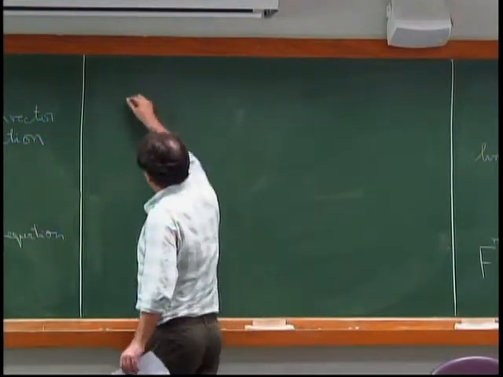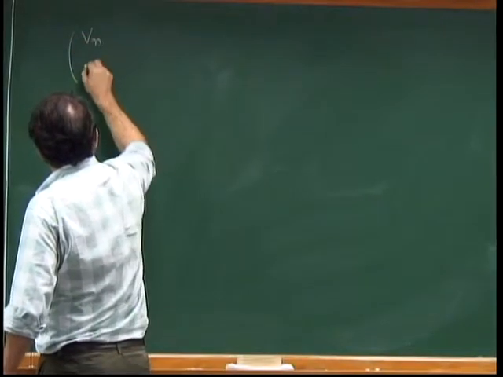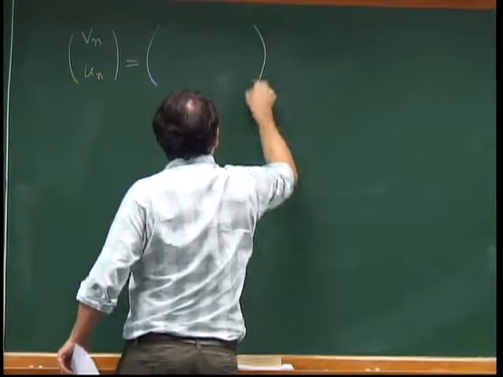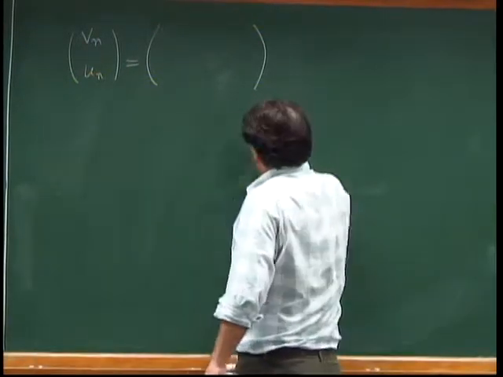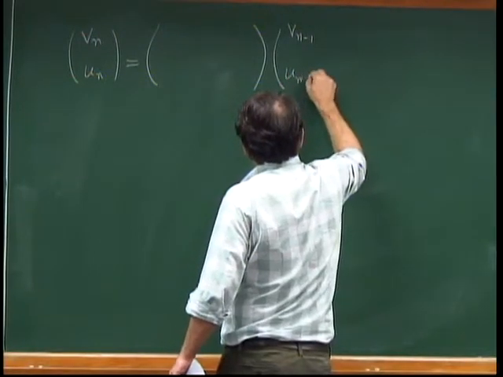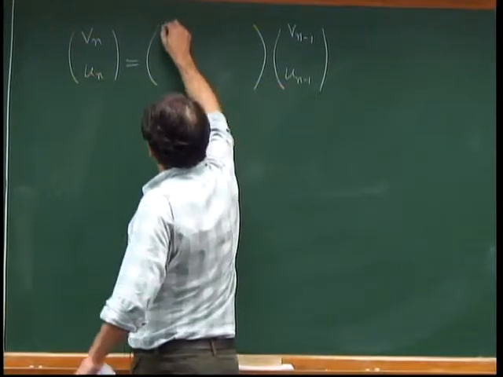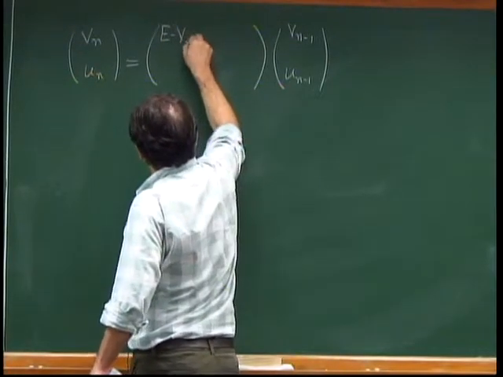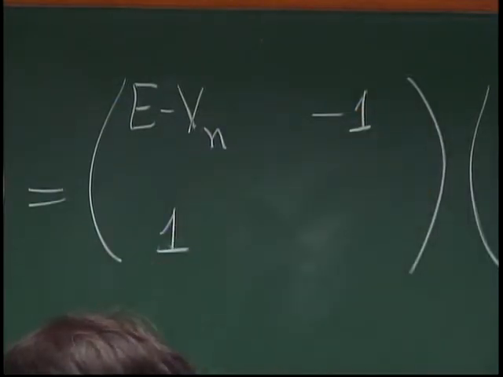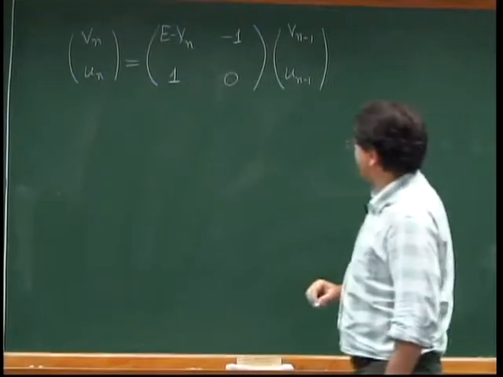This expression can be written as follows. (v(n), u(n)) equals the matrix with rows (E minus V(n), minus 1) and (1, 0) applied to (v(n-1), u(n-1)), for all n.